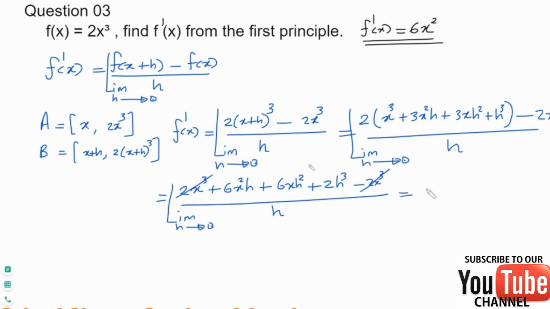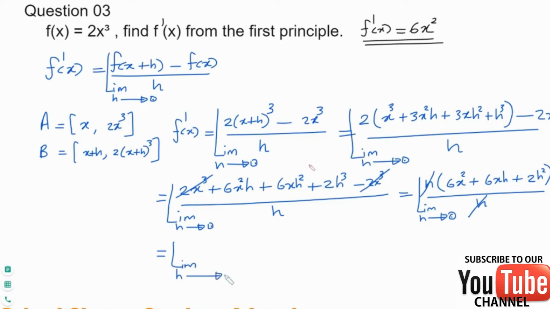And I'm going to factorize the h out. So if I factorize the h out, 6x squared plus 6xh plus 2h squared over h, and the limit as h goes to 0. H and h cancel, and the limit as h goes to 0.